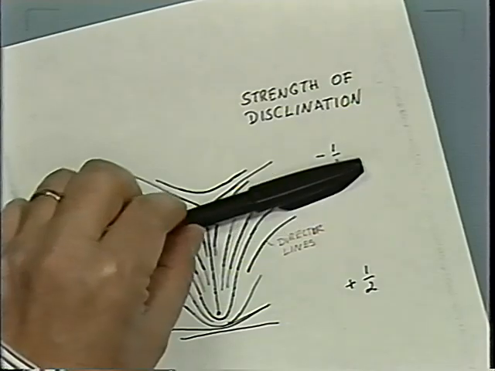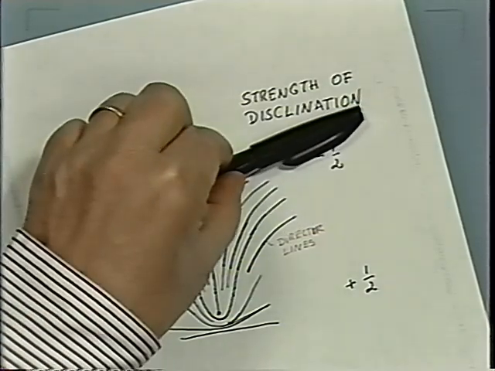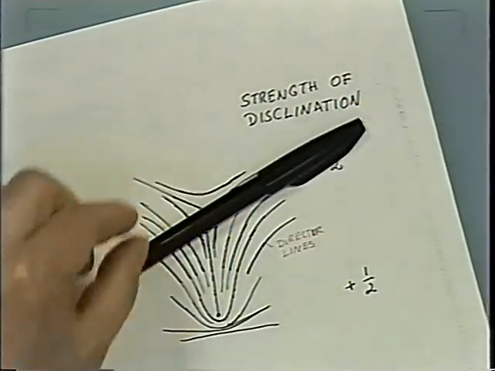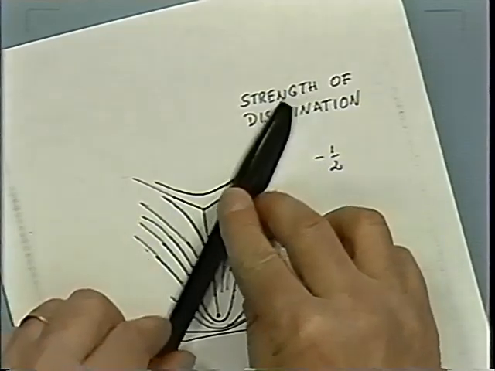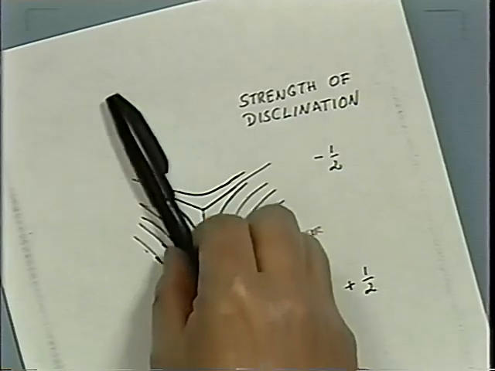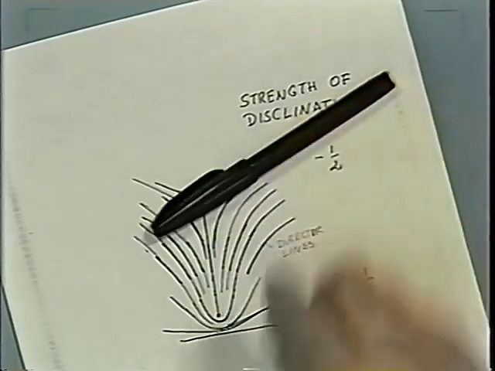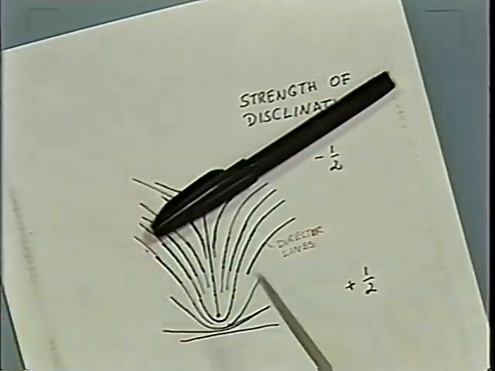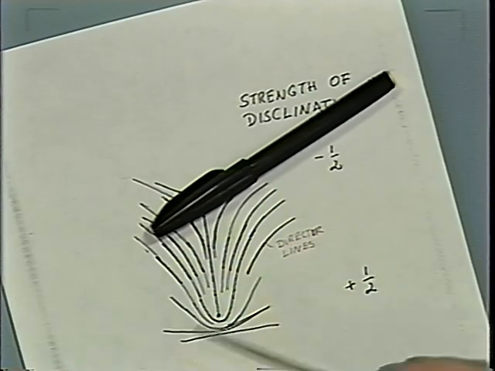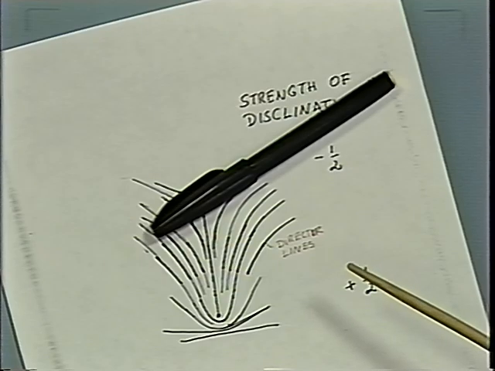Now I'm rotating this pen, describing a circle clockwise, and I always keep a tangent position to the vector lines during this rotation. You can see that after one rotation, this pen has rotated by minus 1/2, counterclockwise. So this defect has a strength of minus 1/2.